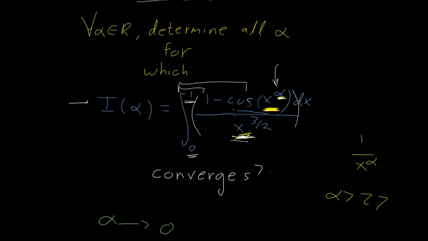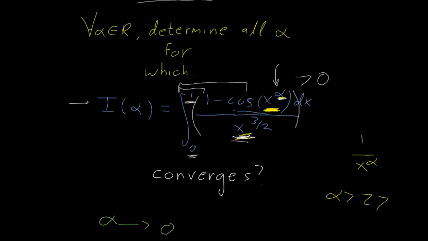Now, oscillation alone does not automatically save an improper integral. That's the main point. That's a huge point. The numerator is 1 minus cosine, so it's always going to be non-negative. 1 minus cosine of x to the alpha is non-negative. It repeatedly gets close to 0, but it also repeatedly becomes substantially positive because it's greater than 0.